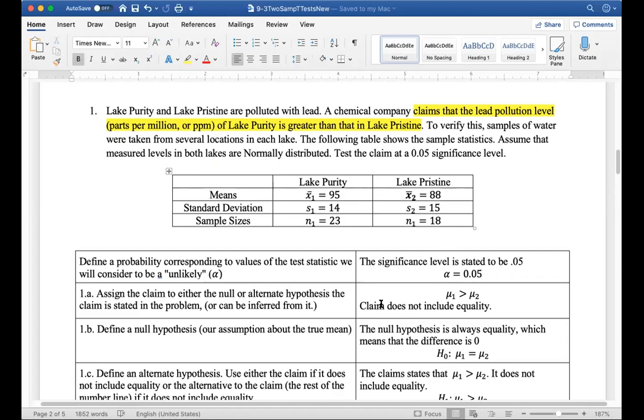We're given the Lake Purity statistics, which is x1 bar, s1 and n1, and the Lake Pristine, which is x2 bar, s2 and n2.